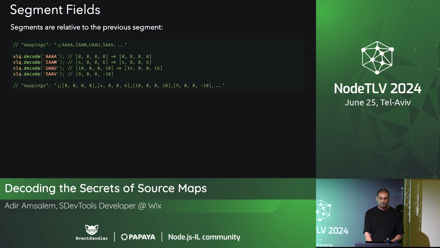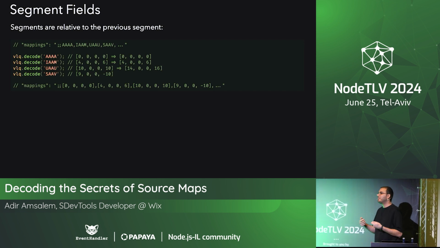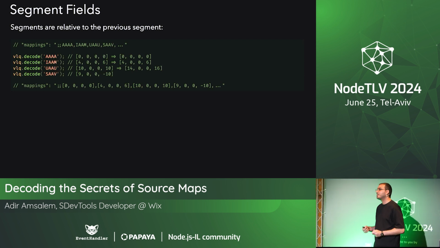Super simple. Up until now, we had here 4, right? This is 4, this is 10. So this is 4 plus 10, simple. 6 plus 10, simple. So basically, we add up the previous segment to the current one in order to calculate the absolute mapping. And a fun fact, the reason this is relative is also to save space.